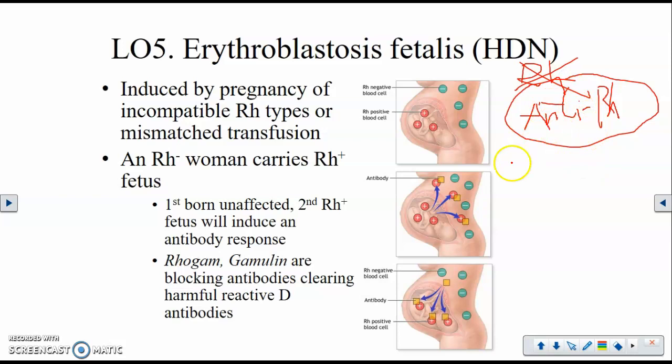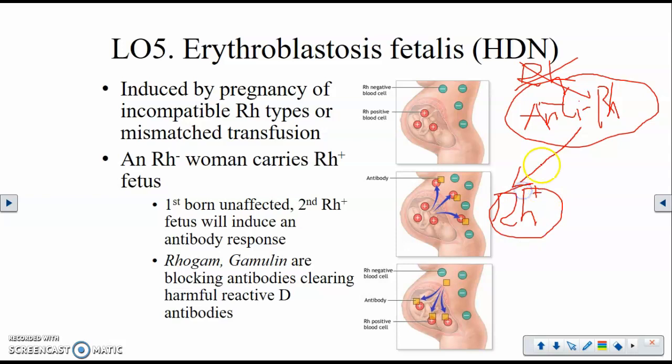So if the second baby is Rh positive, yes, blood does not mix, but antibodies can actually cross the placenta. So they can actually attack someone who has the Rh factor, which means they're positive, right?